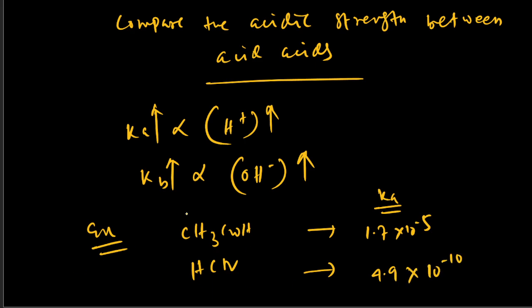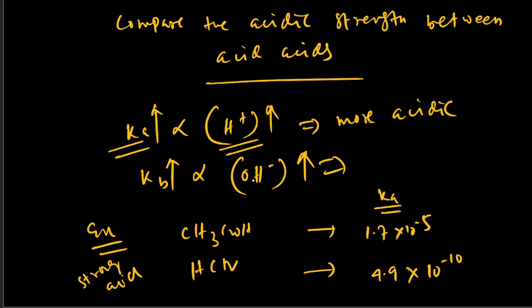Compare which is the stronger acid. You know that if Ka is more, then H plus concentration will be more, meaning more acidic. Similarly, if Kb is more, then OH minus concentration is more, meaning more basic. So if you check, this value is more, so this will be more acidic. So CH3COOH is more acidic than HCl.